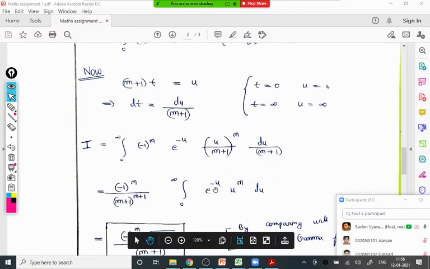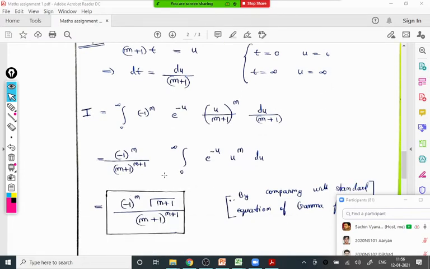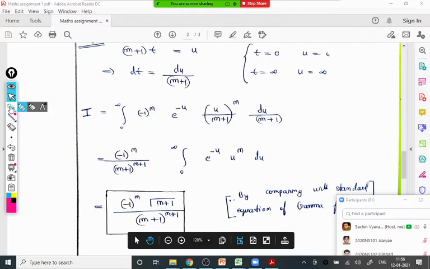And we are left with this part. Integration is done, and I think each and every step looks correct here. If you have any doubt in this example, you can ask. Is there any doubt?